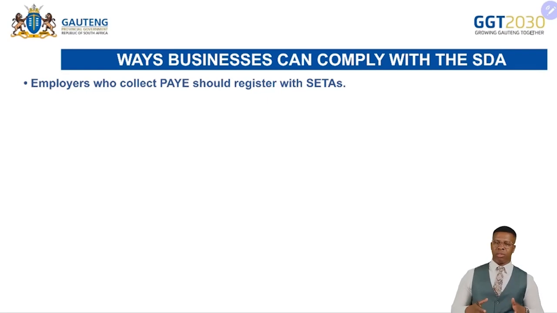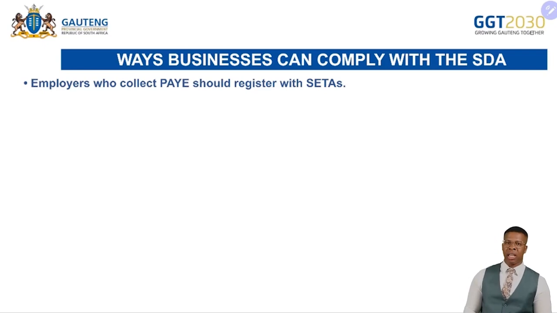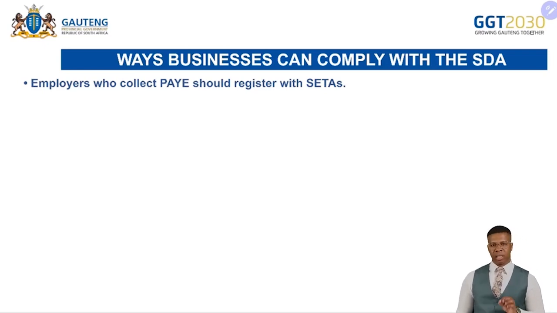Because we know that we have the Department of Education, which focuses on the primary, secondary school, and tertiary education. However, SETAs now focus on the education and training that takes place in the different working spaces or different working environments. So we call them sectors, hence we say sector education and training authorities.